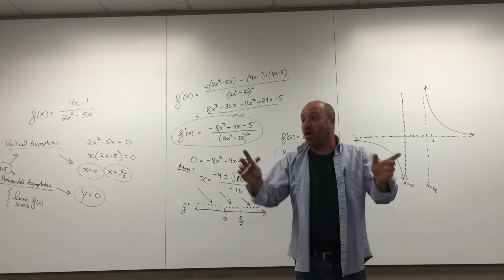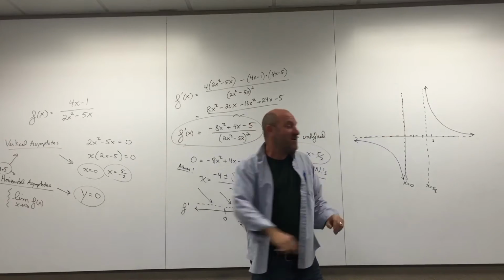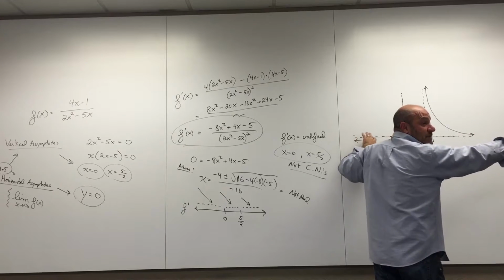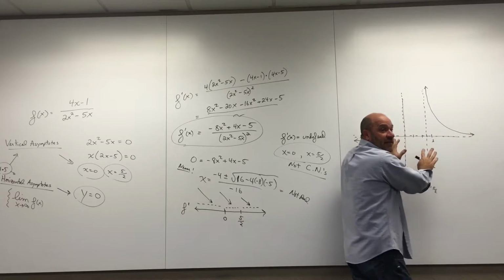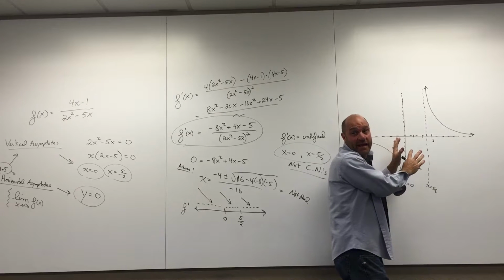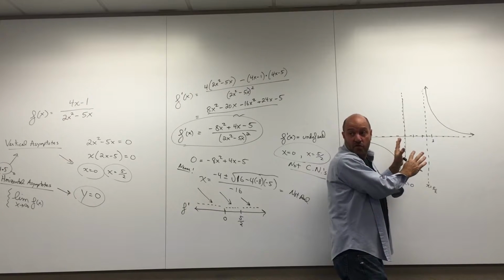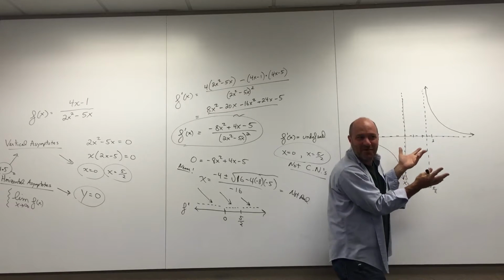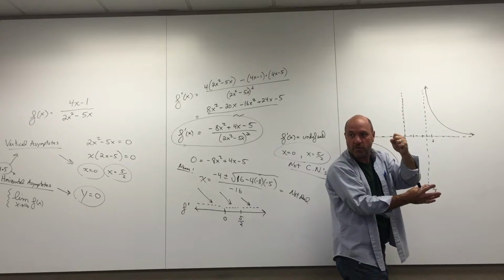But you don't cross them when you head toward infinity. When you head out this way, you don't cross them. Then they really do act like asymptotes. But in the middle, they may or may not act like asymptotes. So you may cross the horizontal asymptote. It's perfectly fine. It's a different type of asymptote than an undefined vertical asymptote.